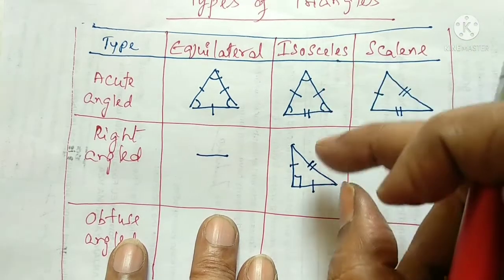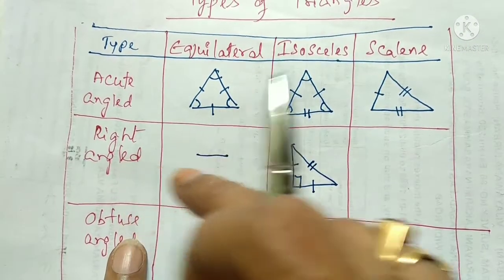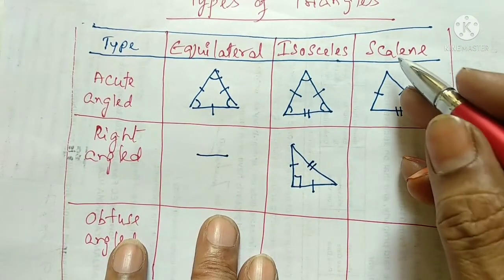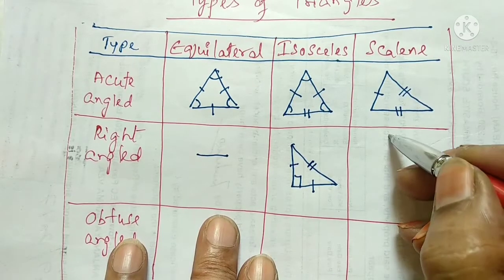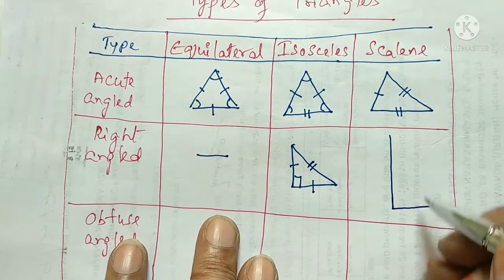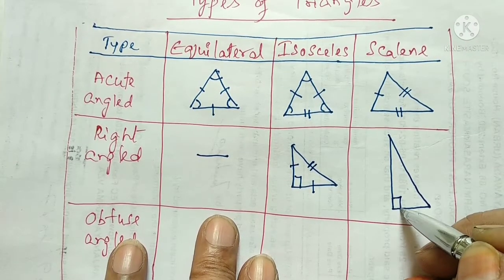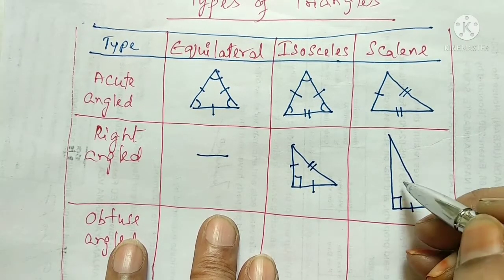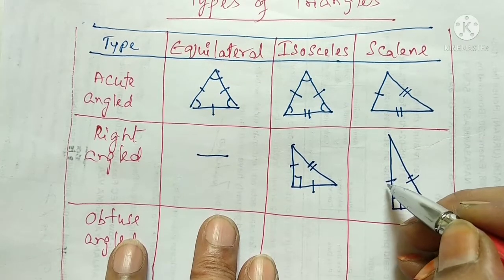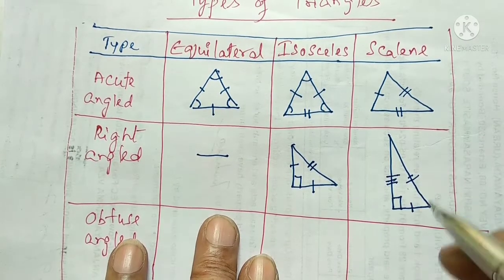So this is an isosceles triangle in right angle. And what about scalene? This is a right angle triangle and the sides are entirely different.